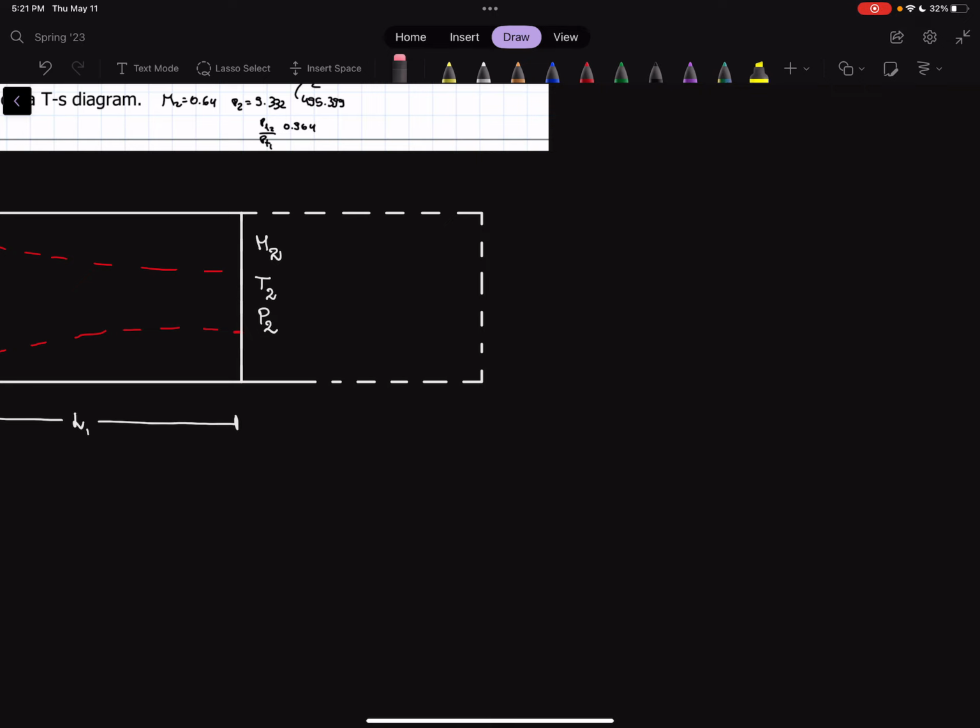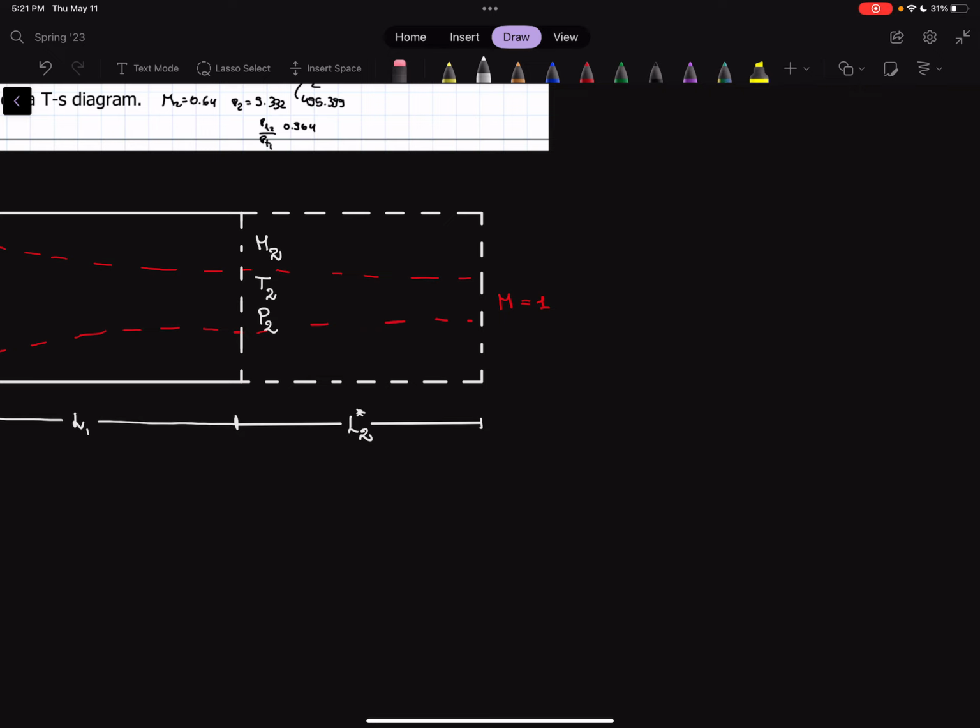What we're going to get eventually, we're assuming it just keeps on getting smaller and smaller. And here we're going to get Mach equals 1. And we call this second part, this imaginary length, L2 star.